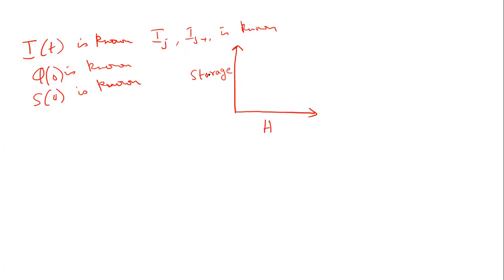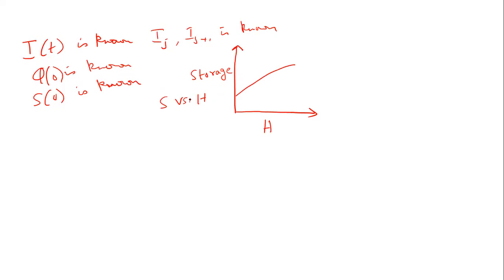I know the relationship between storage and H, yes or no. For a given reservoir, I know that if the water level is at such and such a height, then this is the volume of water being stored. If the water level increases, then the storage also increases, right? So you may have some kind of relationship that looks like this, let us say. Okay, storage versus H is known.